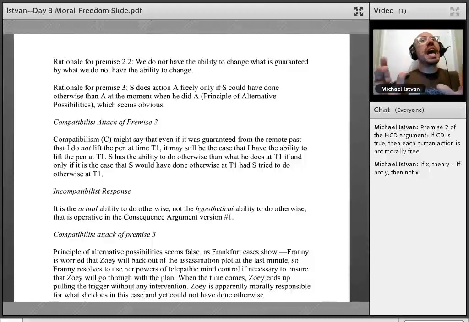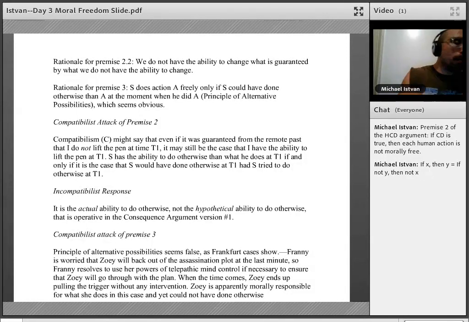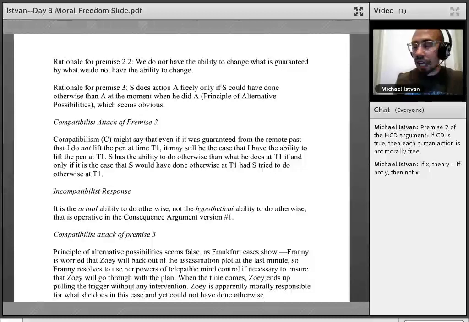Now, if you have incompatibilist intuitions, you're going to be like, what? What the hell? You have to play devil's advocate here. You could be so locked in to the incompatibilist way of thinking that you can't even see where these people are coming from. But you always have to, and this is the importance of taking a philosophy class, taking literature classes where you read novels and see from other points of view, but especially with a philosophy class.